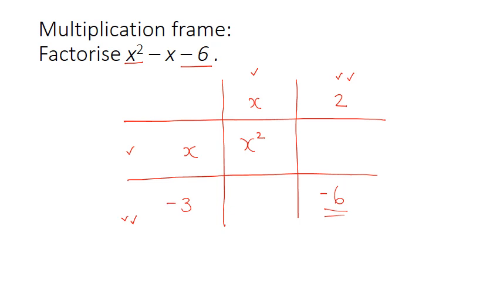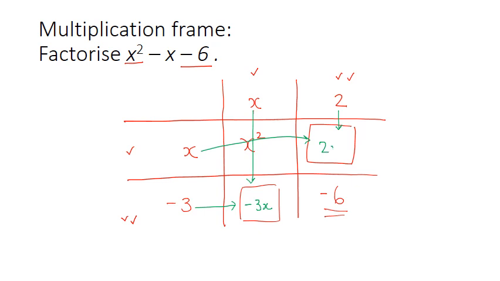Okay, now this is just trial and error, and that will give us the value here when we multiply x with minus 3, and that gives us minus 3x. Okay. Now, for this other portion here, this box will be the product of 2 and x, and that will give us 2x.